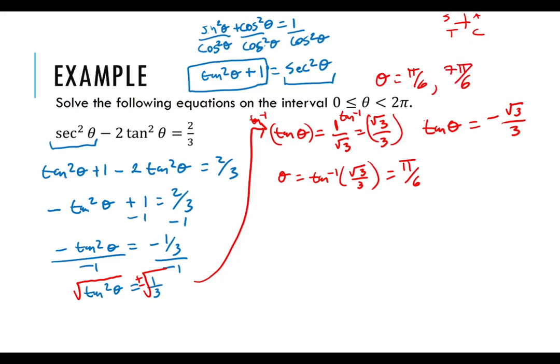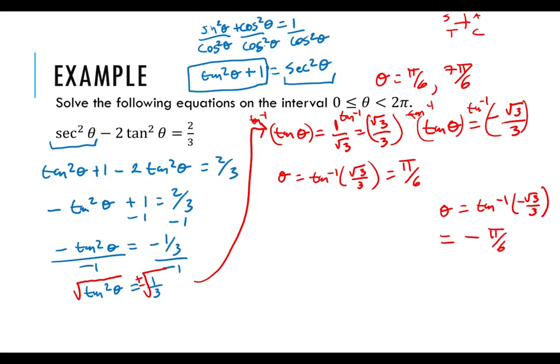But then I have to worry about this other solution, so how about we take tan inverse of both sides here, so tan inverse of tan of theta, and then tangent inverse of negative root 3 over 3. So theta is equal to tangent inverse of negative root 3 over 3. Now for our range values, this one is a little problematic because this actually gives us the solution negative pi sixth.